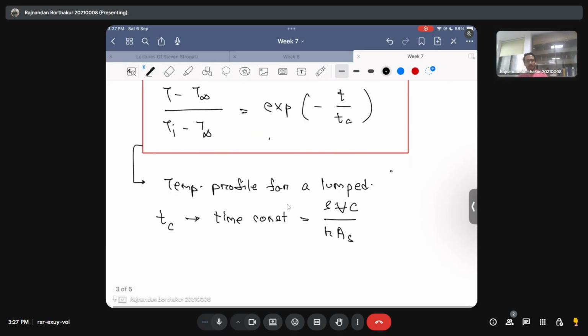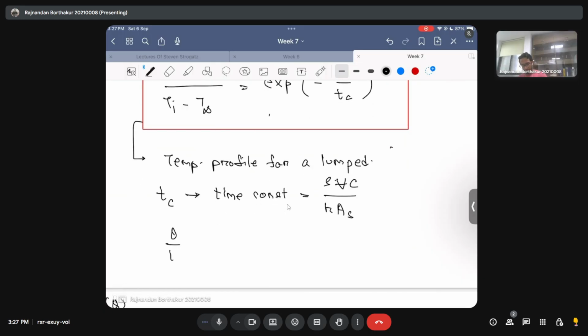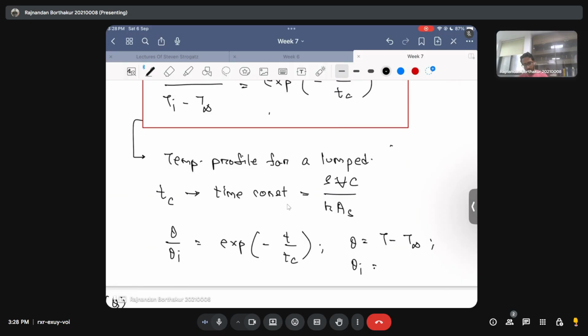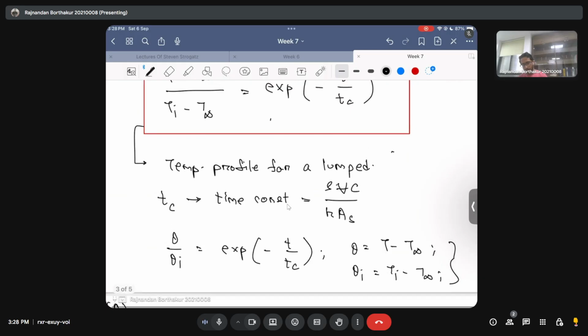And sometimes in shorthand notation, people also write this as theta by theta i, which is equal to exponent of minus t by tau c, where theta is defined as T minus T infinity. So theta i becomes Ti minus T infinity. This is another form in which the temperature profile of a lumped body can be written.